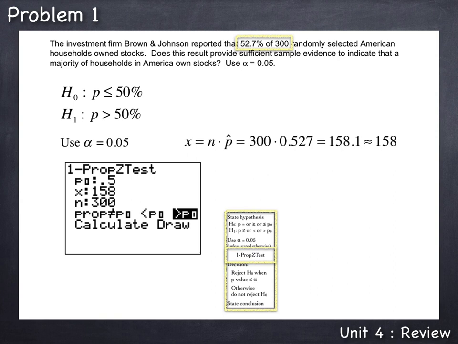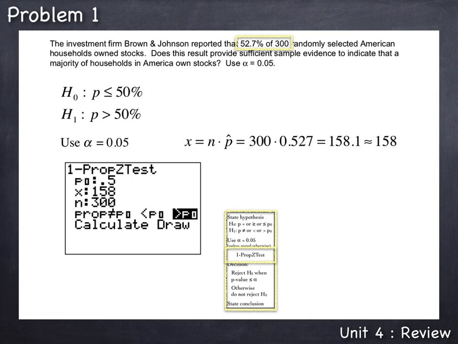But if you were to enter 158.1 in this command for X and go down to calculate, the calculator would give you an error. That's because in proportion problems, X, the how many, and N, the total sample size, are discrete, that is, whole numbers only. So the 158.1 is impossible.